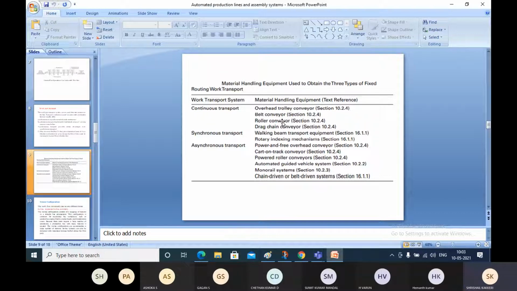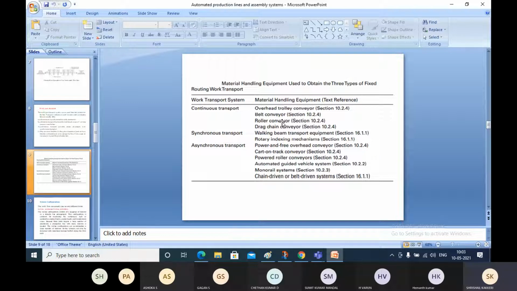With a neat sketch, explain any one type of synchronous transport system, or simply walking beam transport equipment and rotary indexing mechanism. There will be two types: synchronous or asynchronous. Under them we will have linear and rotary. Okay, so under the synchronous transport system, walking beam transfer equipment, it is a linear and rotary indexing mechanism. These two will be coming.